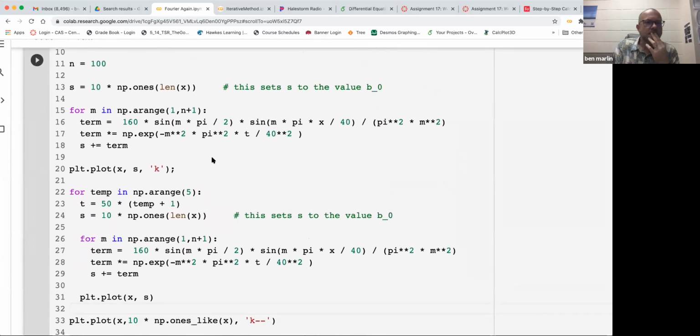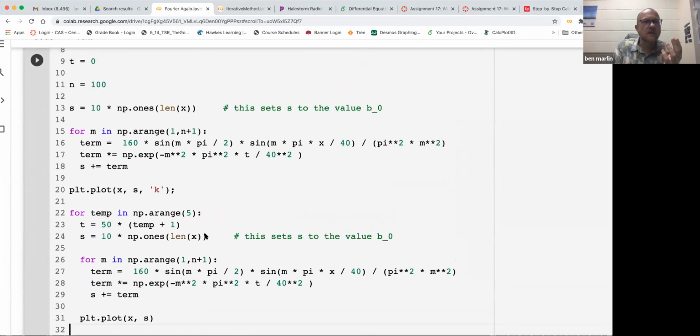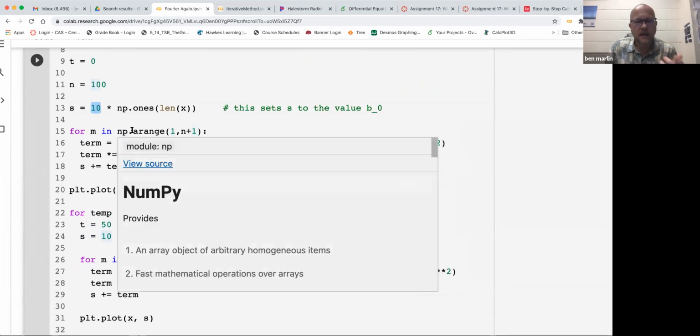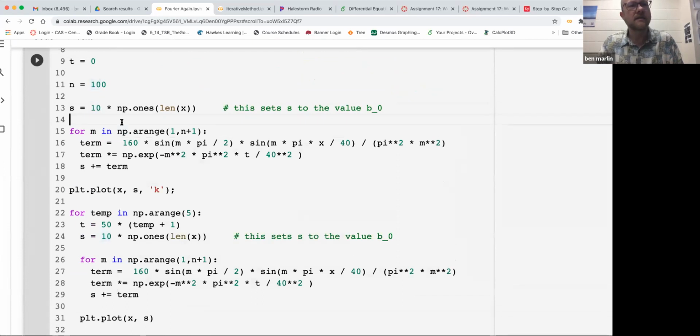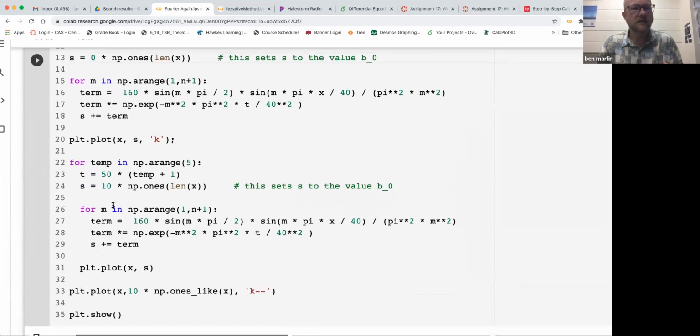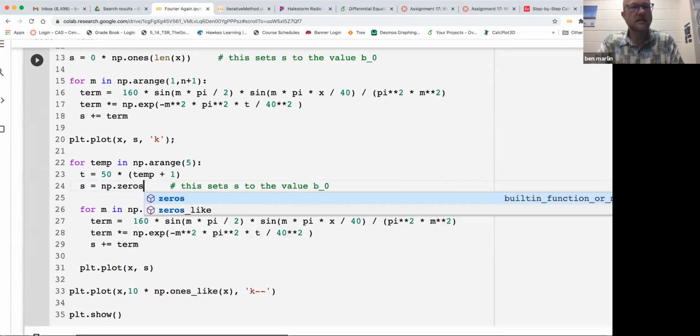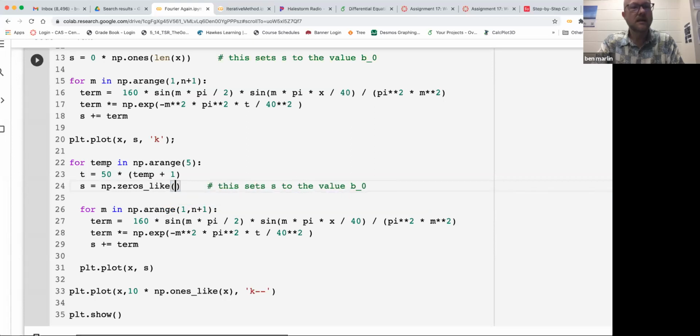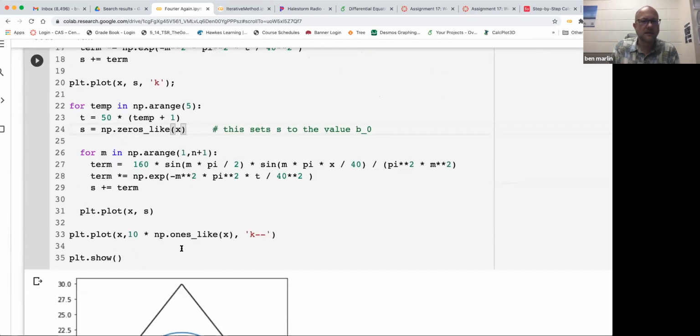The thing that went wrong is that I had 10 in here, and either I needed to have 0 times it, or, since I've got it down here elsewhere, I could have done this np dot zeros like x. That's just a tricky little way of doing that.